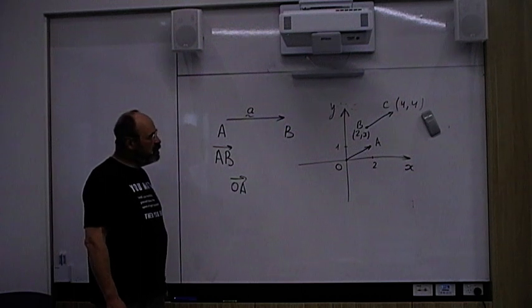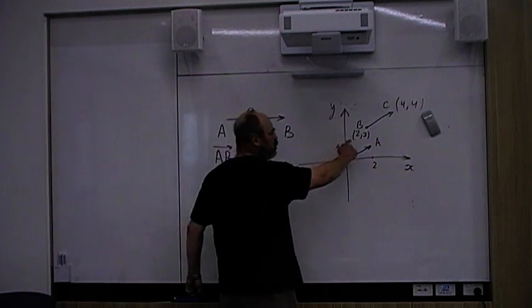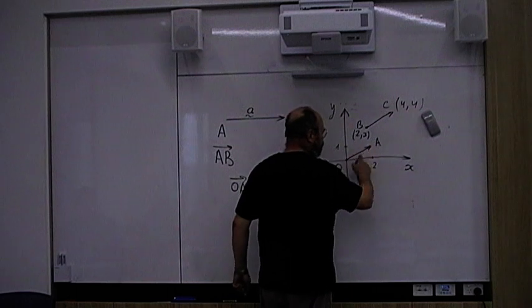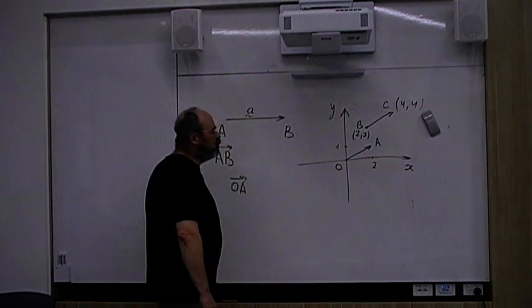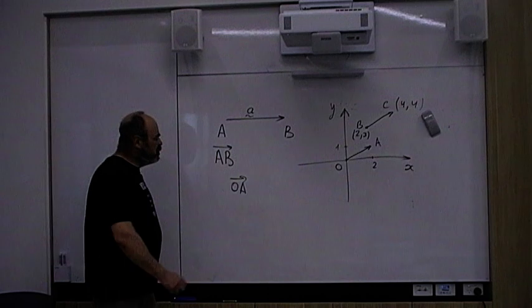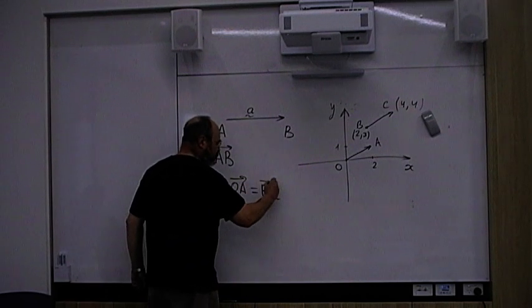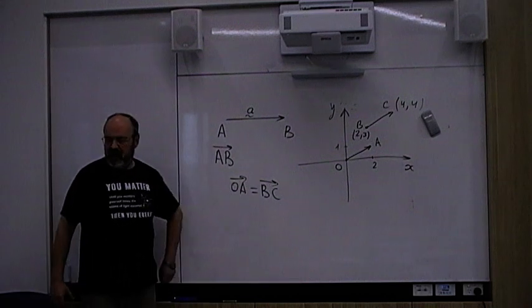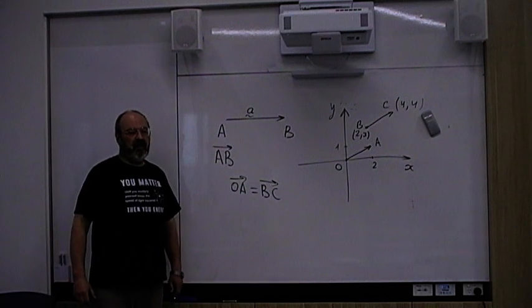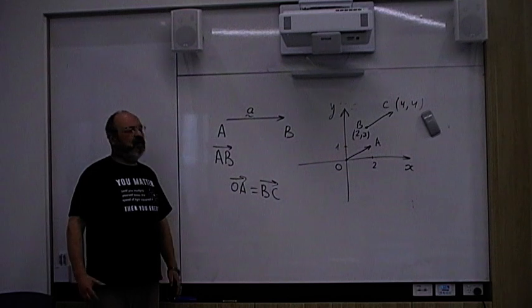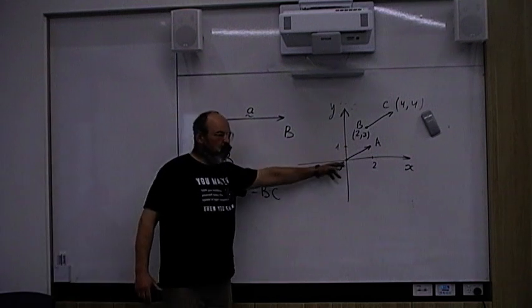That is because from 2, 3 to 4, 4, it's the same distance as from 0, 0 to 2, 1. And so it is not just equal, it's the same vector. So when we will be describing a vector, we will be moving it to the origin, starting from the origin.